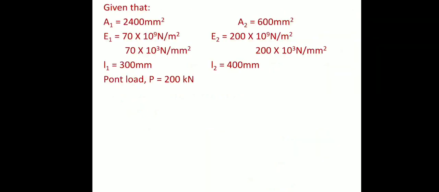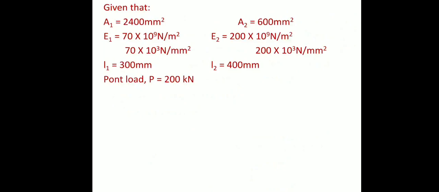Now we will write the given data in the slide. A1 is the area of cross section of element 1, which is 2400 mm squared. E1 is the Young's modulus of element 1, which is 70 into 10 raised to 9 Newton per meter squared, but we need to convert it into mm since all other units are in mm.